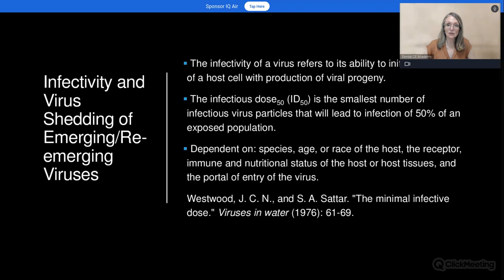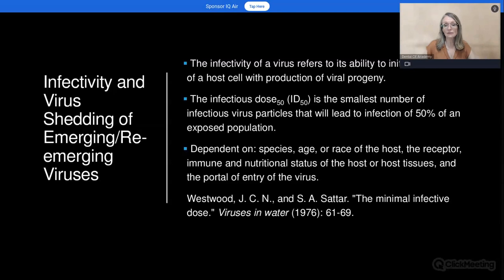So we're going to talk a little bit now about infectivity and virus shedding of emerging and re-emerging viruses. Again, we were talking about the dosage of exposure and how robust this virus is. Some viruses are less so and require more viral particles.